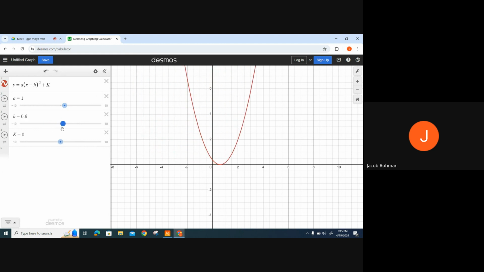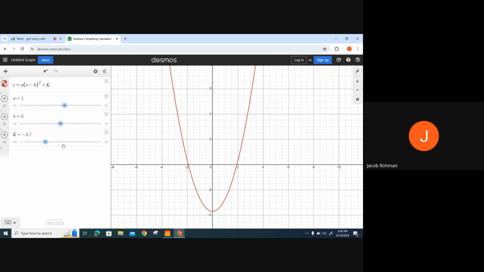Okay, let's put that back at 0. So we're back at the parent function here. And then let's see what happens with k. When k is greater than 0, we see the whole graph shifts upward. And then here's k 0. When k is less than 0, the whole graph shifts downward.